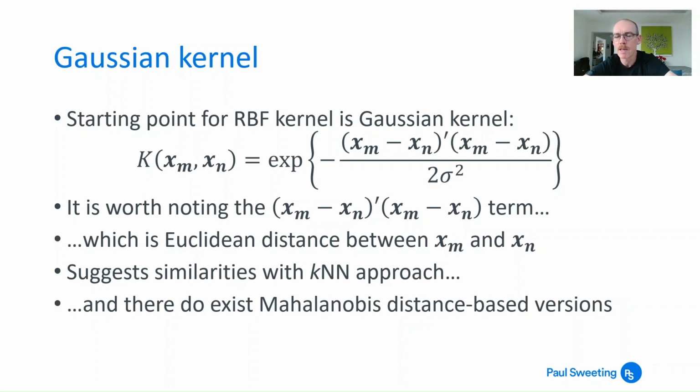That's getting a little bit too complex for what I'm going to be covering, but it's worth just recognising that similarity and potential transferability between this approach and the k-nearest neighbour approach that we talked about some time ago.